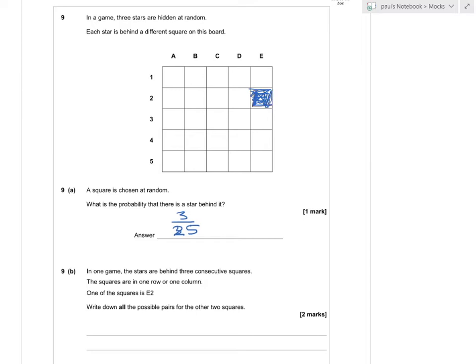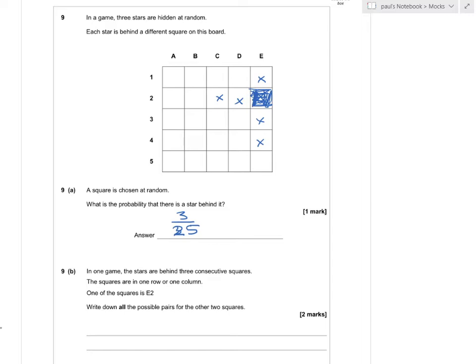So they're behind 3 consecutive squares. So it could be that one, that one, that one, that one, or even that one. Go 3 down there and 3 up. So I think we've got all those squares.